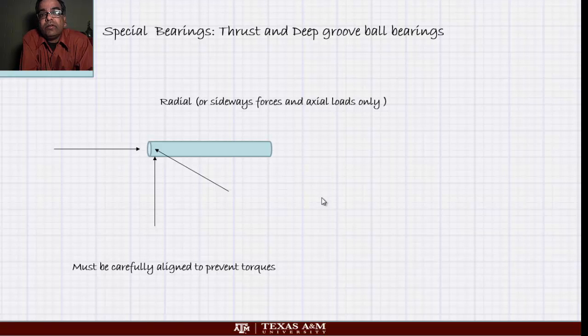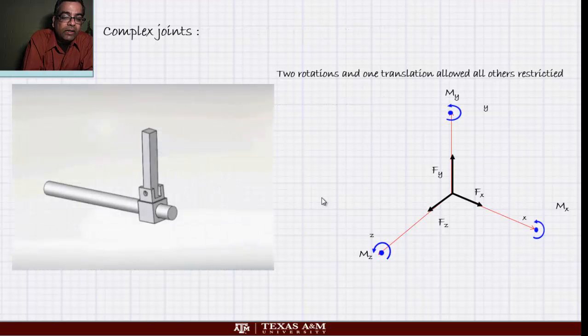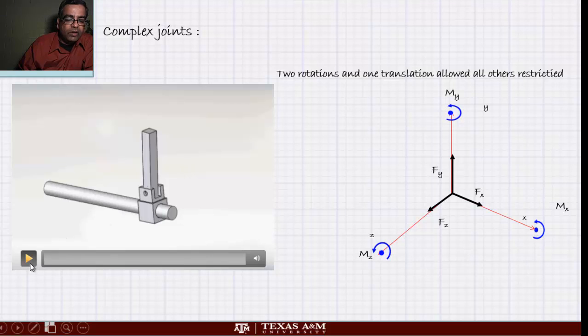Okay, bearings are some of the most sophisticated things and they are used widely for high speed machinery. So it's a very important thing to know about them. And they have to be very carefully aligned to prevent torque. Then what I want you to do is figure out what the various reaction moments left here are.